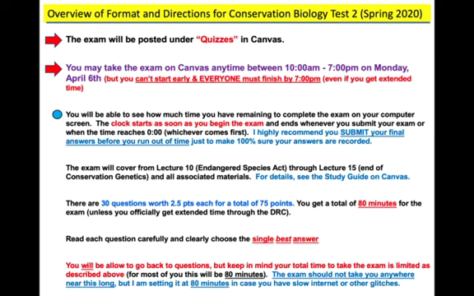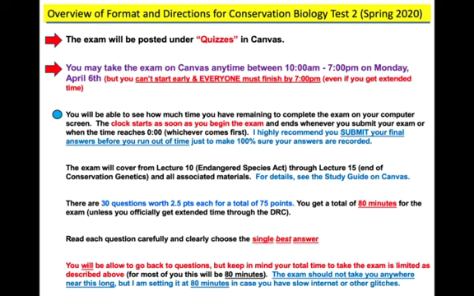Now, I've been talking to some other professors who have been using the quizzes option in Canvas, and they said that sometimes if students let the time run out, they've been getting a false error message saying that there was a problem submitting their answers. But it looks like your answers are still submitted whenever the time reaches 0.